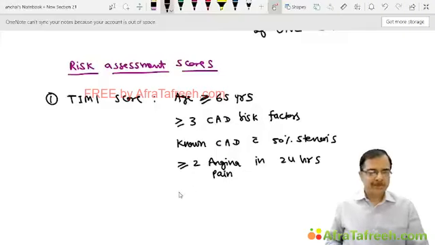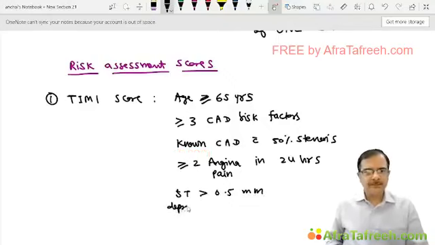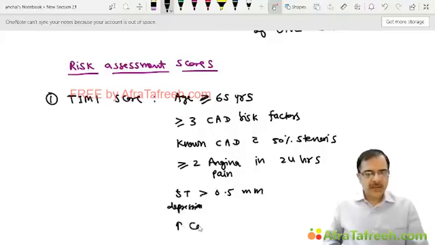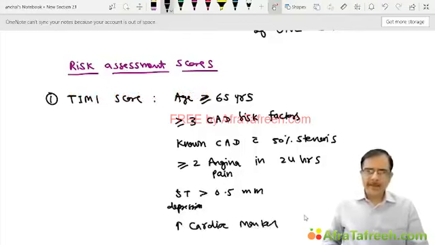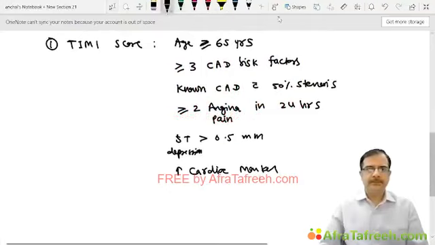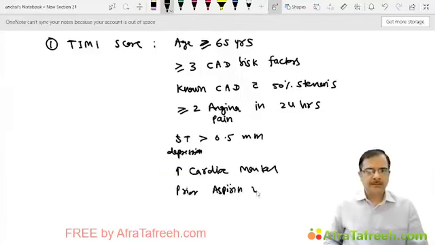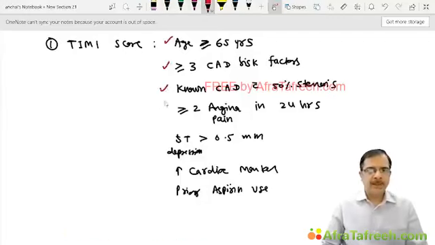Then ST depression more than 0.5 mm, increased cardiac markers, and prior aspirin use. So these are the 7 TIMI score markers.